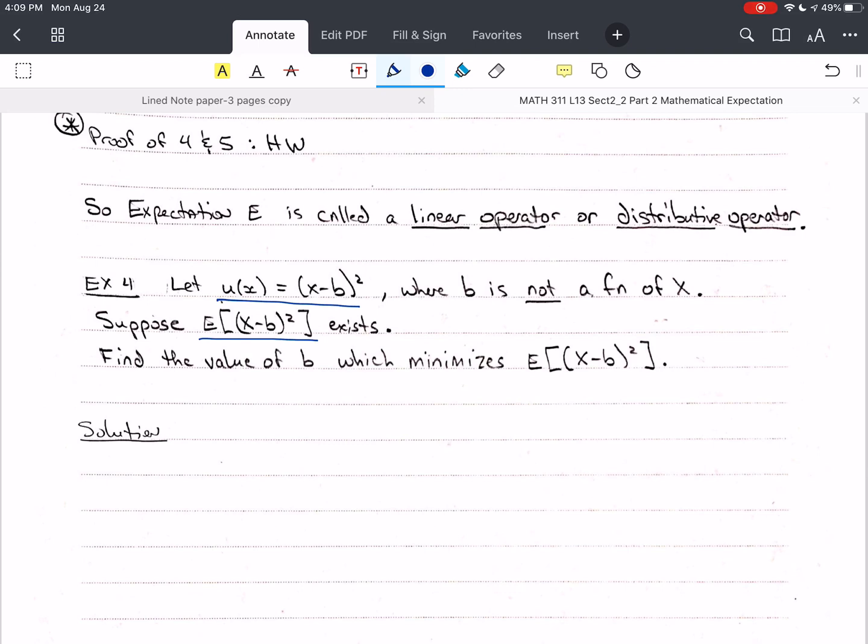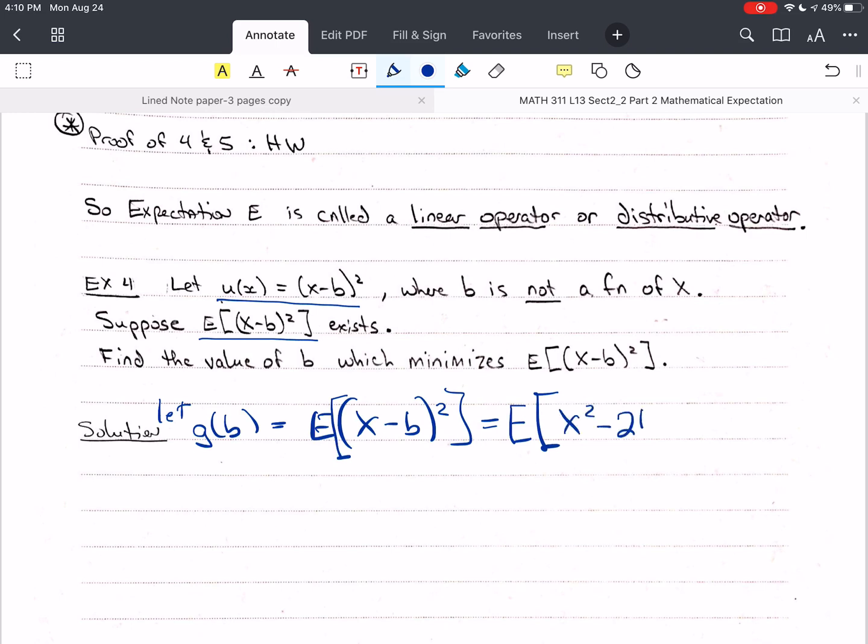So what we do is we're going to say let g of b equal E of (x minus b) squared. Now we simply square the (x minus b) inside the expectation. So we end up with x squared minus 2bx plus b squared. And from our theorem above, we know that this is equal to E of x squared minus 2b times E of x plus E of b squared.